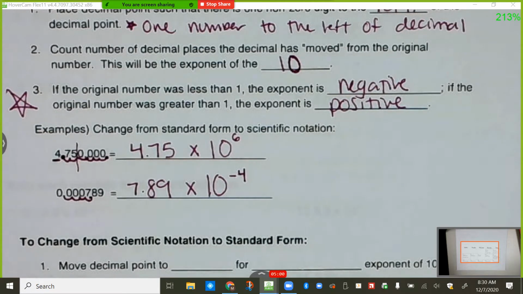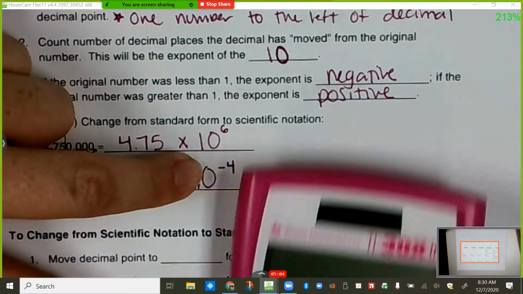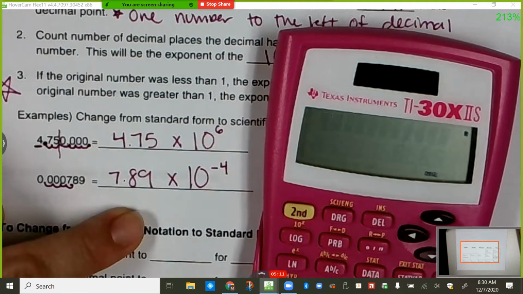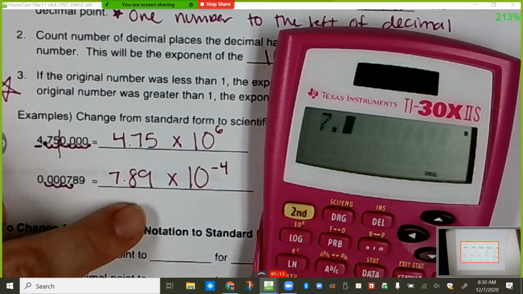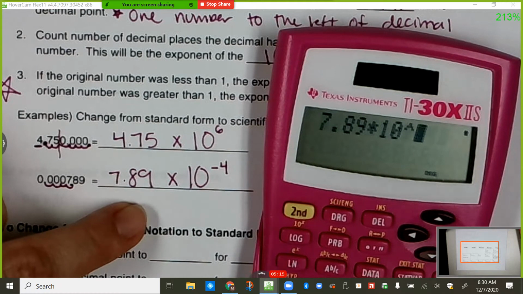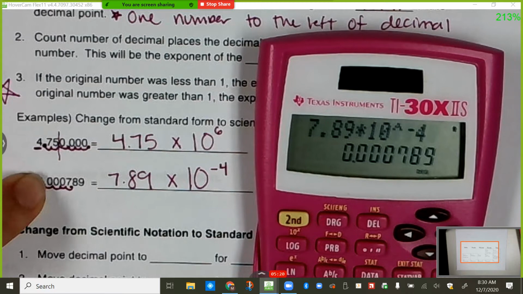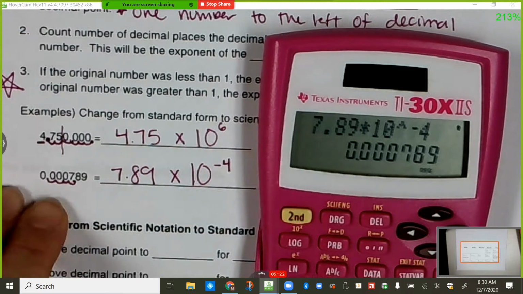Any questions with that? Now, when the powers are small, the cool thing is you can check your work in the calculator and sometimes even find your answers in the calculator. So I could technically type 7.89 times 10 to the negative fourth power. Did it work? Is that what I was given originally?